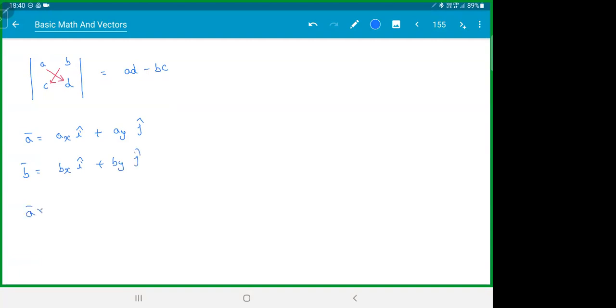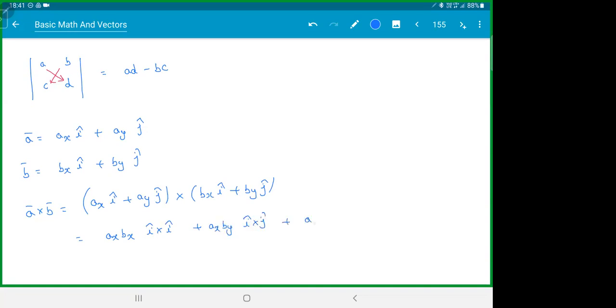So if you do A cross B, it is AX I plus AY J cross BX I plus BY J. This will be AX BX, I cross I, plus AX BY, I cross J, plus AY BX, J cross I, and AY BY, J cross J. I'm just multiplying everything out.